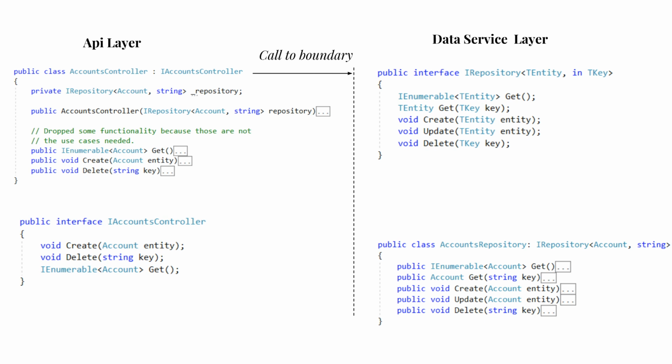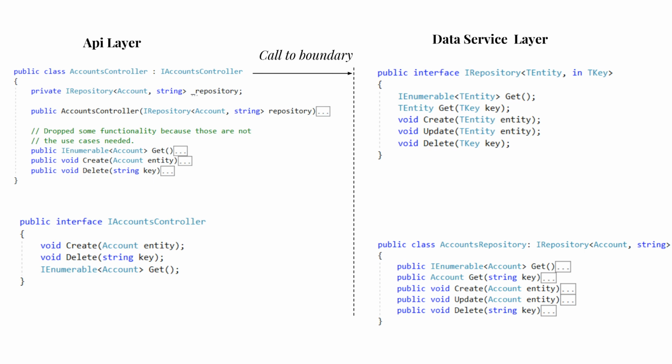For example, in general, my application can create, update, delete, and get entities, some generic entities. But for the accounts controller, I can only create, delete, and get the accounts. I cut some cases off.